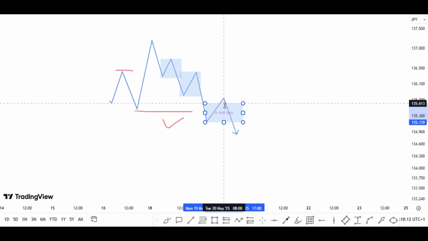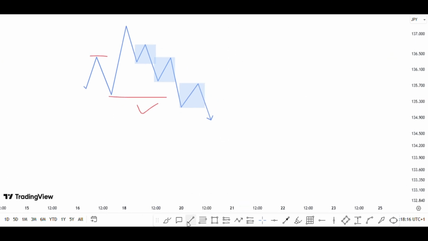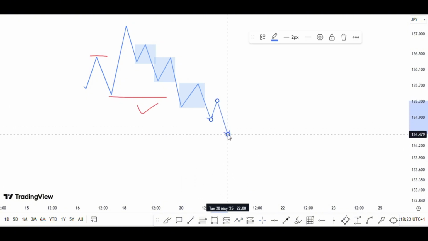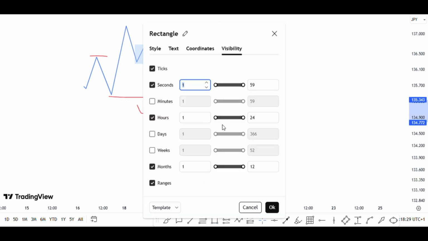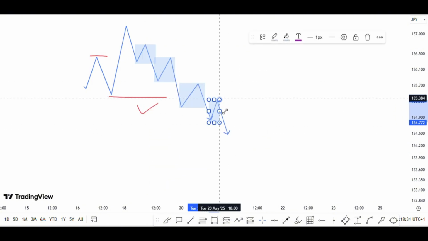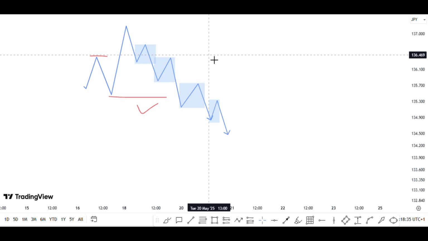Let's say the market also creates another movement down. It means that we have another buying momentum before the market comes down. So these are our order flow.